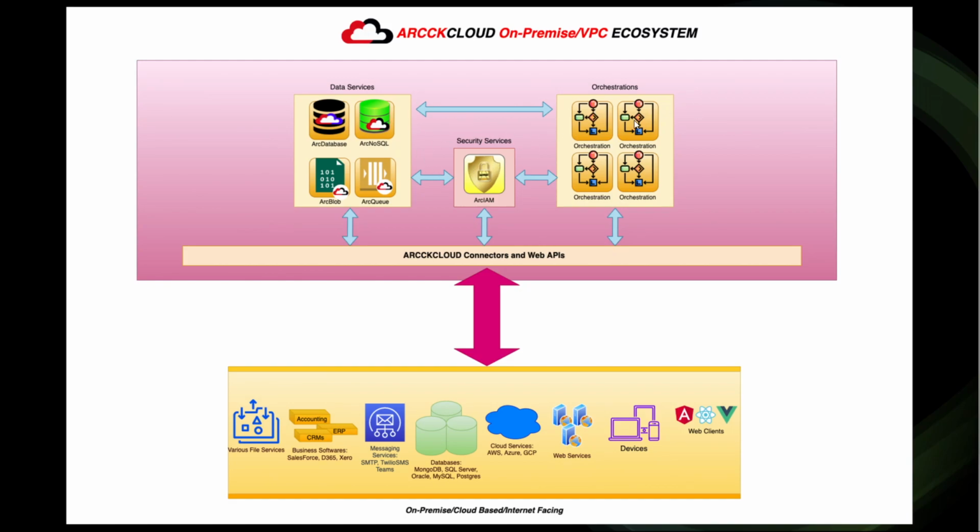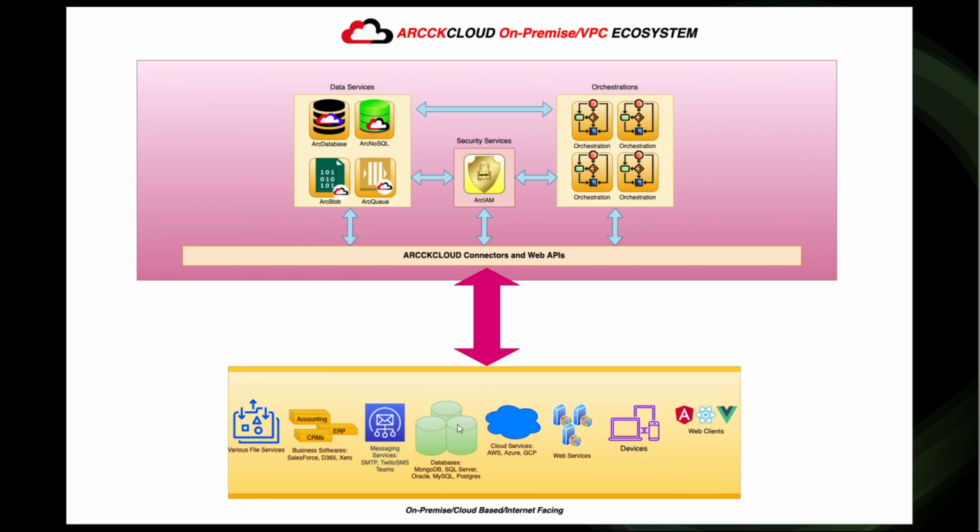We can create orchestrations and deploy them within our cloud using the drag and drop interface, and these orchestrations interact with the various data sources and data sinks, like file services, line of business software, messaging services like SMTP, Twilio SMS for sending SMS, and Microsoft Teams.